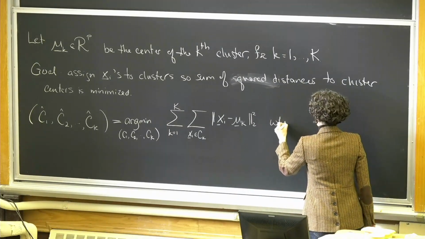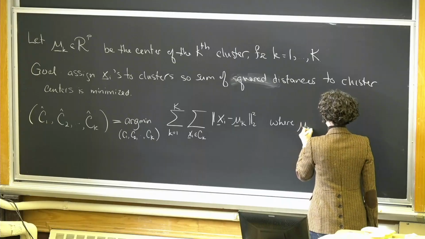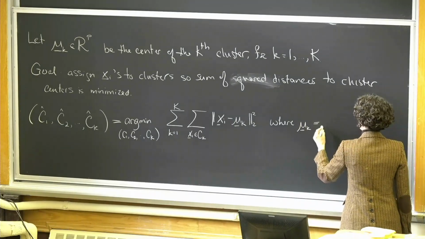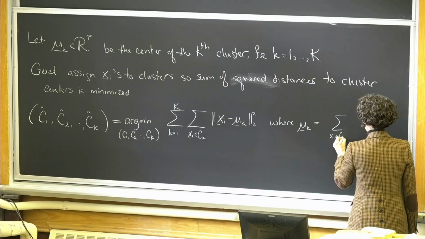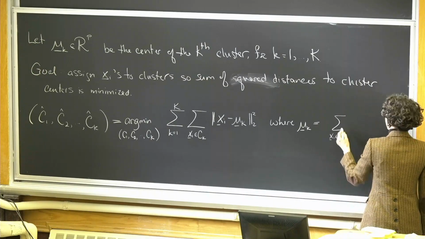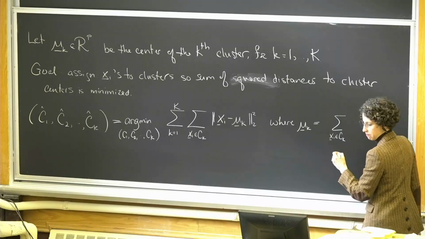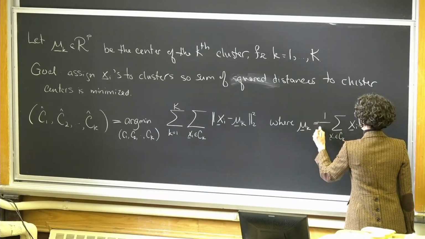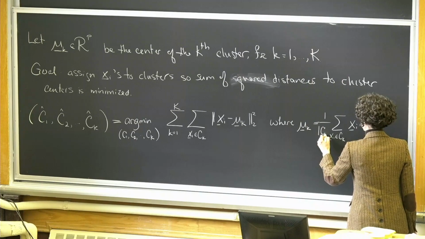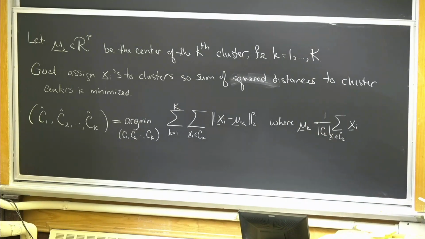And we are going to have this mu k formally be the sum over all the points assigned to the cluster of the vector. And then we are going to divide by the number of points inside the cluster.